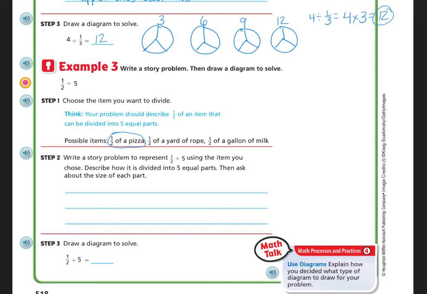So 5 friends will share half of a pizza. What size slice will each friend get?